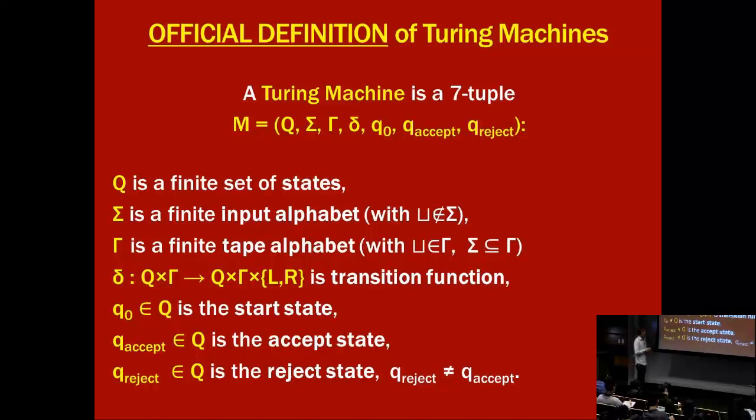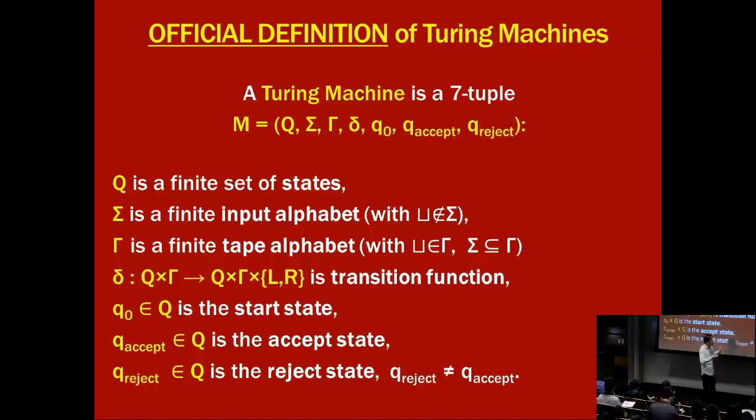It has 7 parts: a set of states called Q, an input alphabet, which is another set of symbols, sigma. That's what the input words are written in. Gamma, which is a tape alphabet, which contains all the input symbols, plus blank, maybe plus some more symbols. It has a start state, an accept state, and a reject state. And again, the most complicated thing is this transition function, which encapsulates all the information written on the arrows.